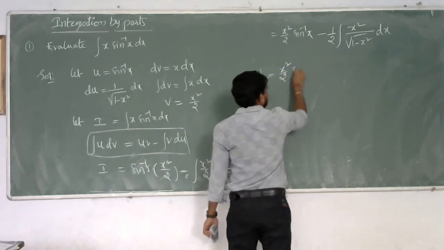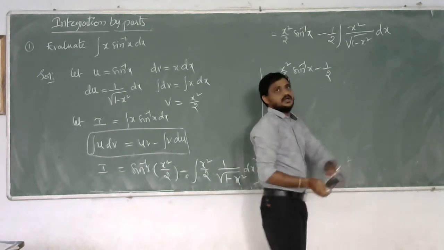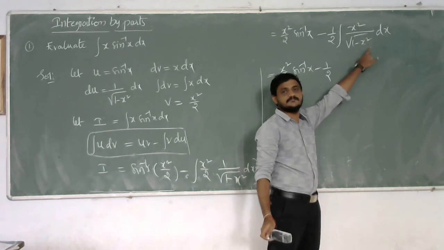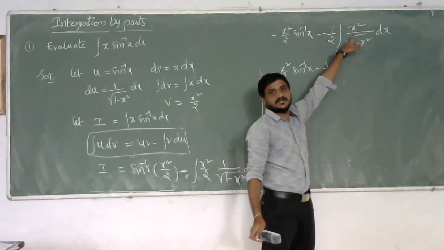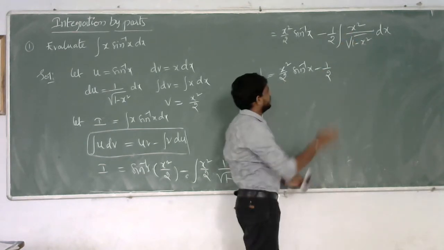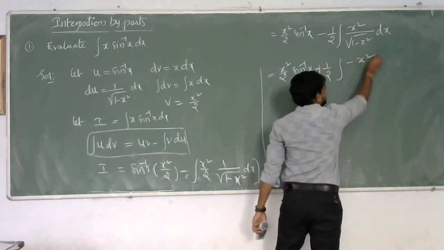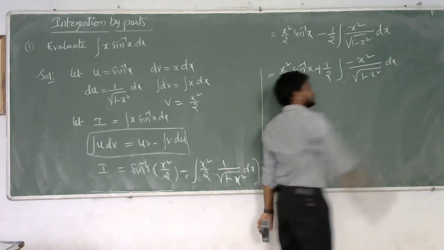x square by 2 into sin inverse of x minus, here observe the denominator, we have 1 minus x square. For x square we have a negative term, right? So let us convert this numerator as 1 minus x square. That means the x square portion will be minus. So I am writing here plus 1 by 2 integral minus x square by under root of 1 minus x square into dx.